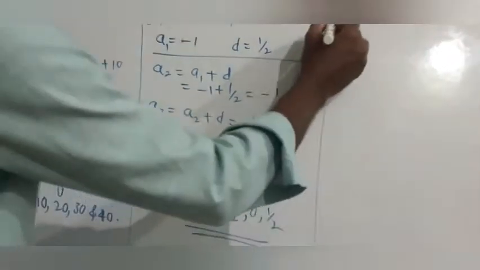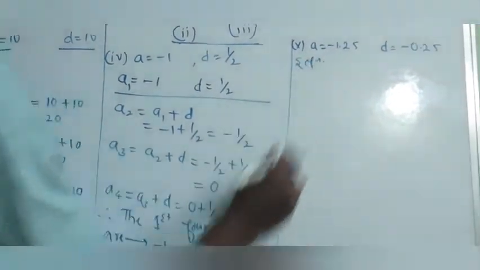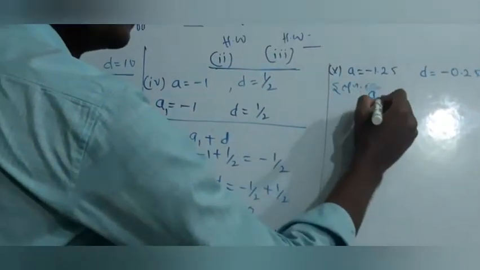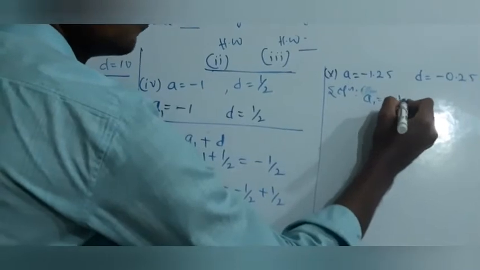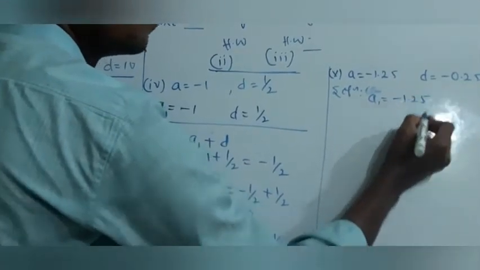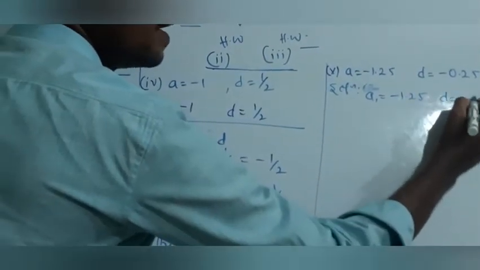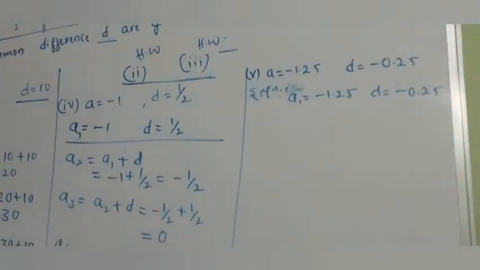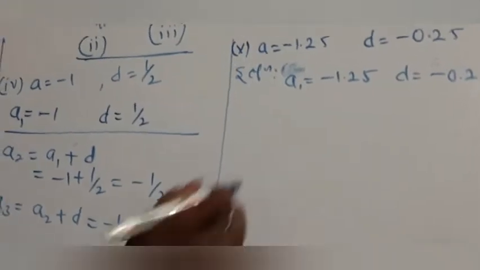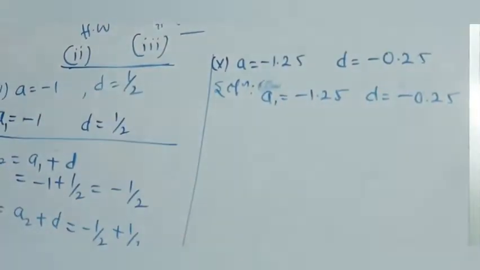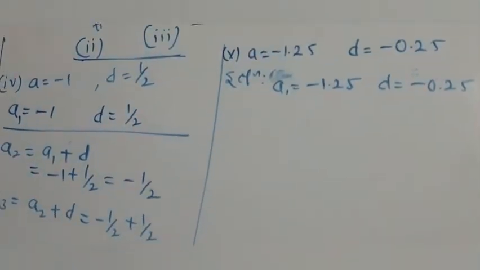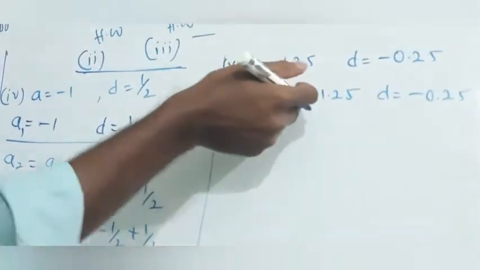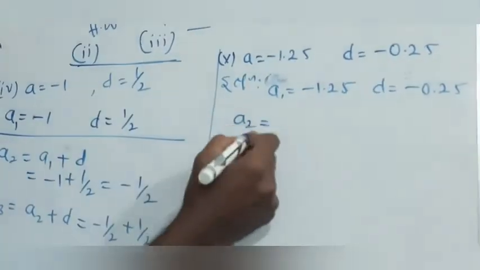Next, fifth one. So first term A1 is equal to -1.25 and D is -0.25. What is the basic procedure? We should add D to the term to get the succeeding term. I am going to do the same thing. To get A2, the succeeding term of A1, what should I do?